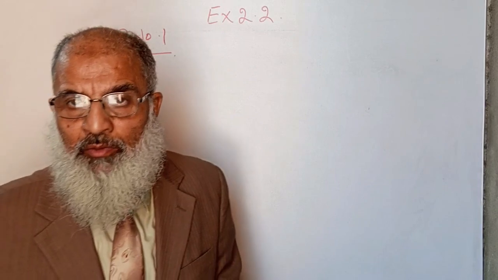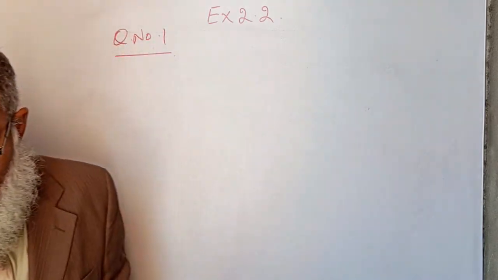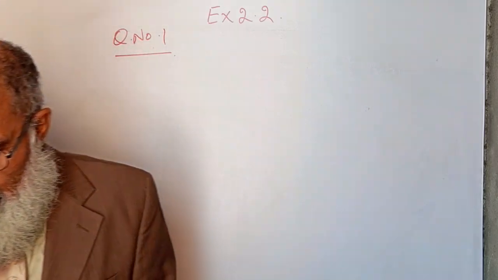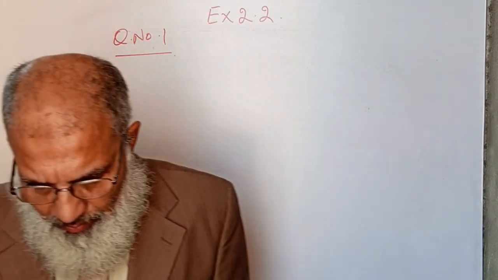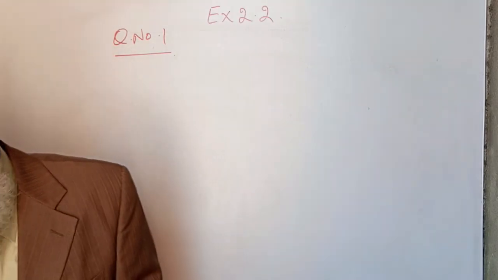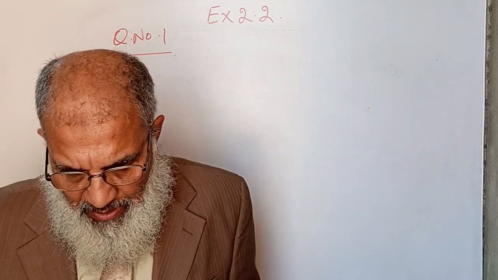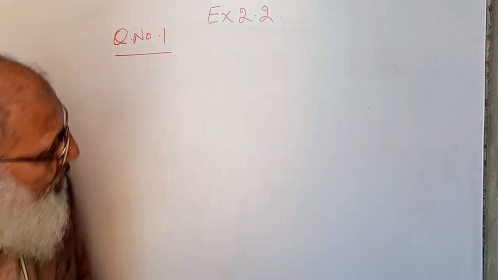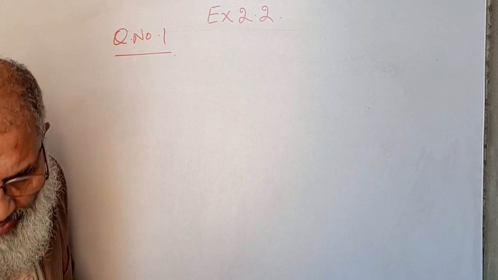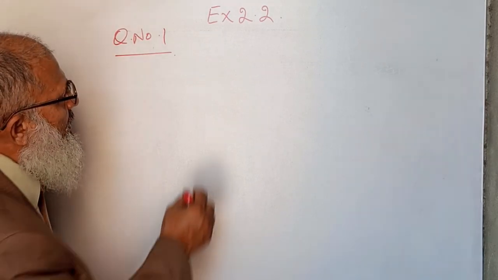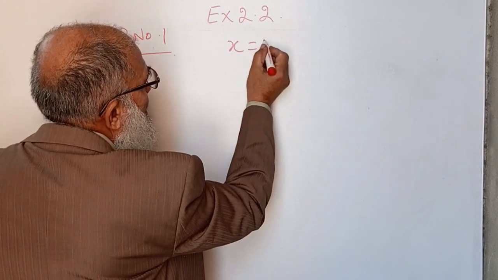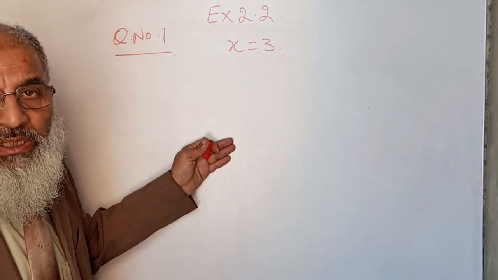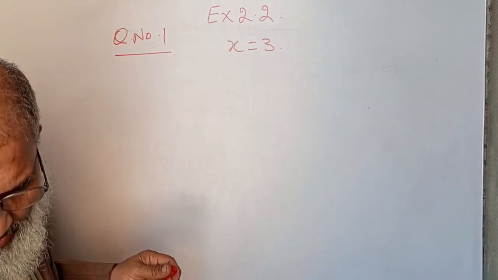So we'll be doing some parts from each question. Now dear students, question number 1 is to evaluate the following expression for x is equal to 3. When x is equal to 3, we have to evaluate whatsoever is given to us in the question.